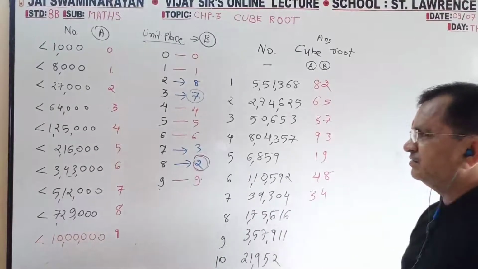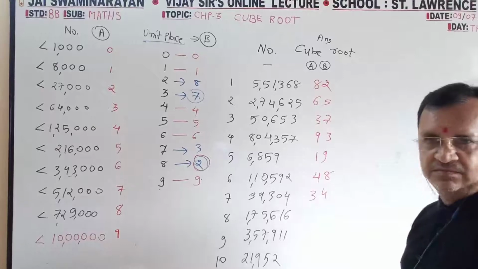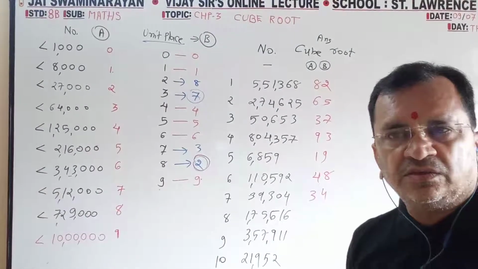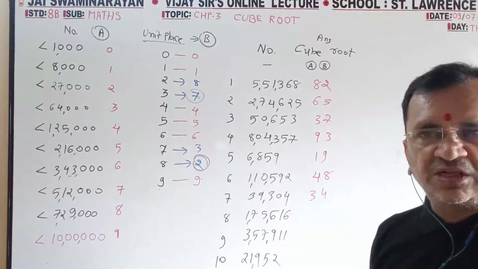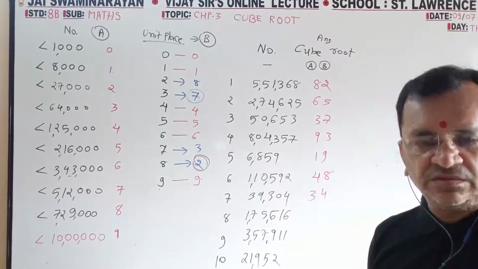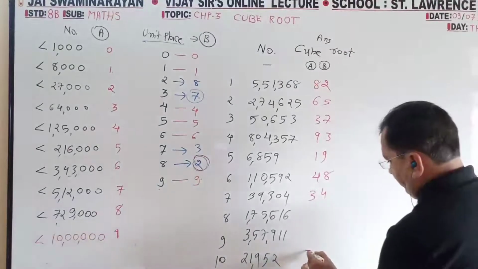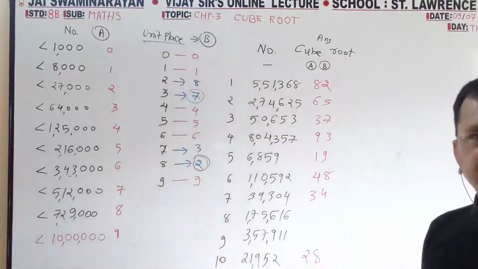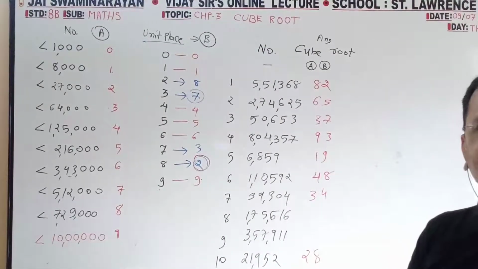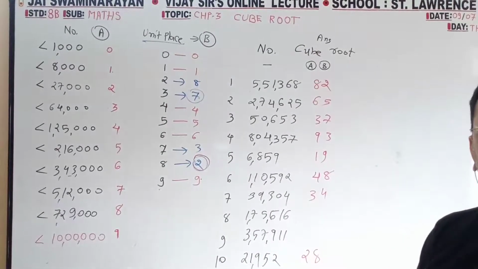1,75,000. Sumit, close your video. 21 correct. 28 correct. What is your name? Vaishnavi. Next.